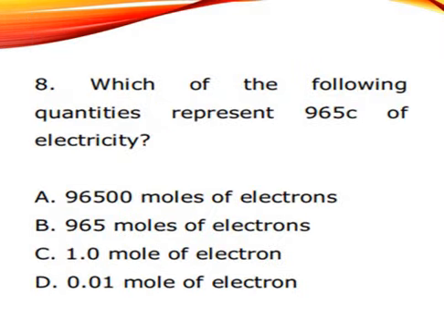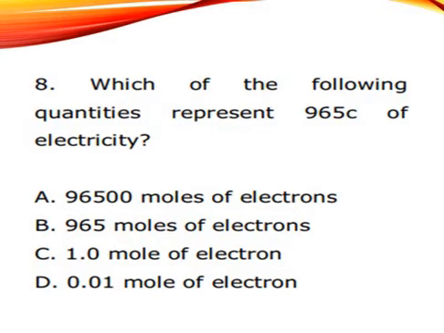Next is question 8, which says, which of the following quantities represent 965 coulombs of electricity? You have your options all in moles of electrons. So this is indirectly asking you to just convert 965 coulombs of electricity into electrons or moles of electrons.